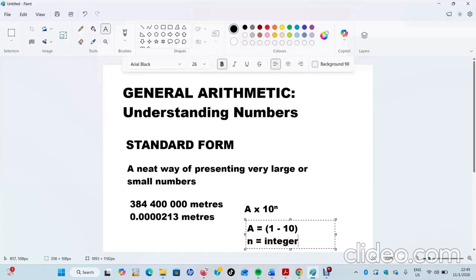Remember also that an integer can be positive or negative. So keep that in mind.